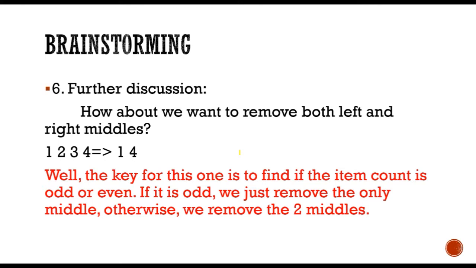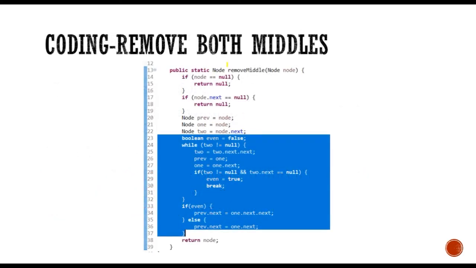Okay, how about we want to remove both left and right middles? Like 1, 2, 3, 4, we want to remove 2 and 3. We get 1 and 4. For this case, the key is we find out whether the count of the elements is odd or even. If it's odd, we only remove the middle. Otherwise, we remove two middles. Let's take a look at the implementation.